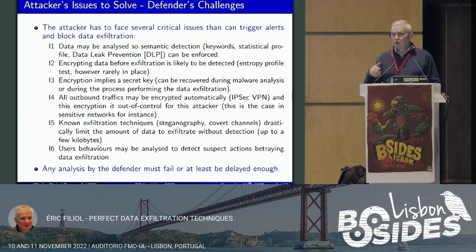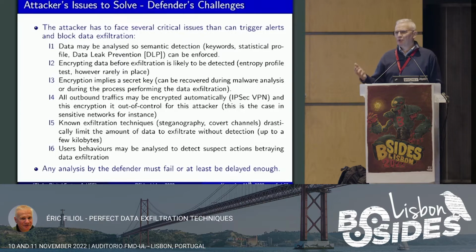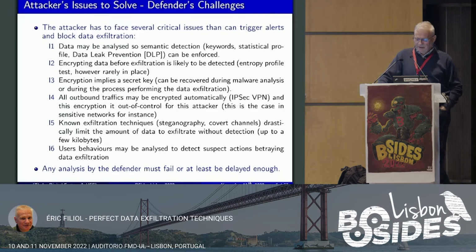The attacker can use an encryption key in order to encrypt his data, but you have to manage a secret key, which is not very easy, especially when you have to exfiltrate many documents. You have to face the fact that, for example, you can exfiltrate data only through an IPsec channel, and the attacker has not the control of the IPsec channel.